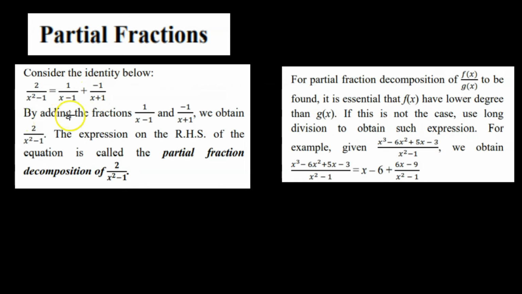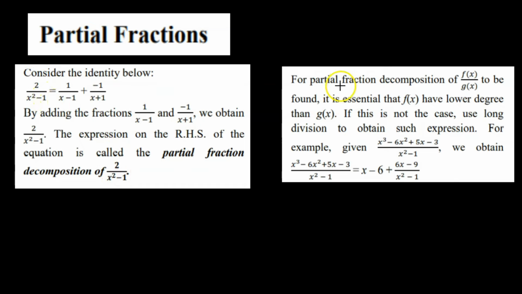So by adding the fractions 1 over x minus 1 and negative 1 over x plus 1, we obtain 2 over x squared minus 1. Therefore, we say that the expression on the right hand side of the equation is called the partial fraction decomposition of 2 over x squared minus 1.